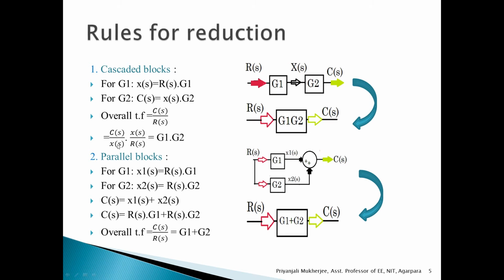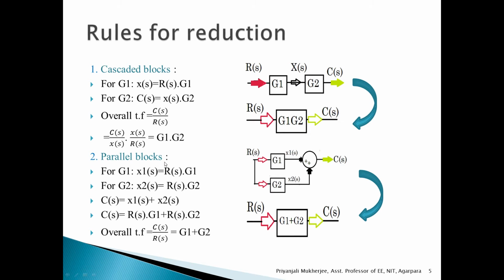Now C(s) by X(s) is equal to G2 and X(s) by R(s) is equal to G1. So the overall transfer function C(s) by R(s) is equal to the product of the individual transfer functions G1 and G2. So when two blocks are in series, we can reduce them to a single block with transfer function equal to the product of each block.